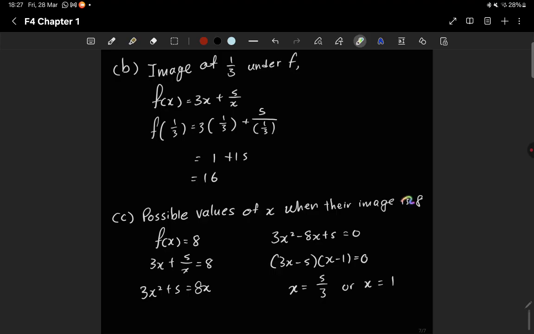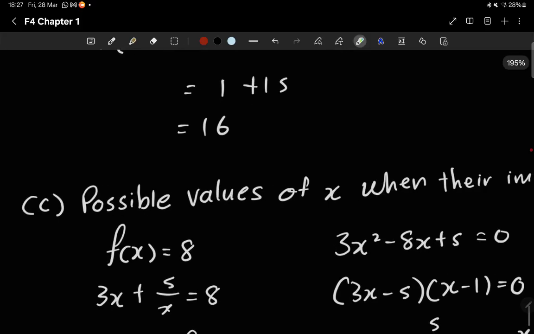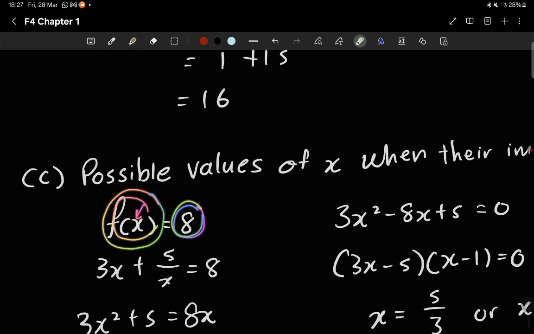For example, this question gave us the image, which is 8, and we are supposed to find the object, or the x value. So we can simply equate f(x) equal to 8. So whatever x value we put into the equation should give us 8.